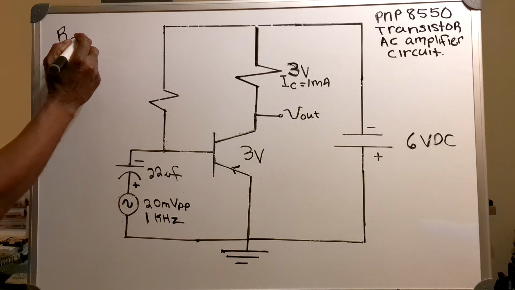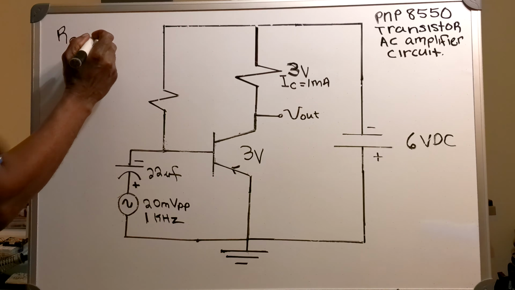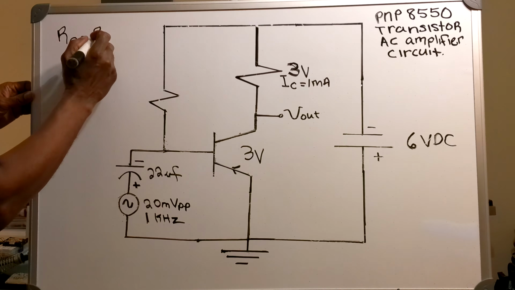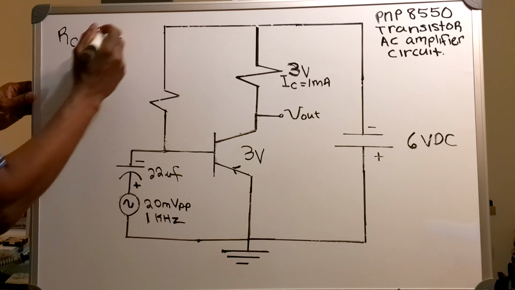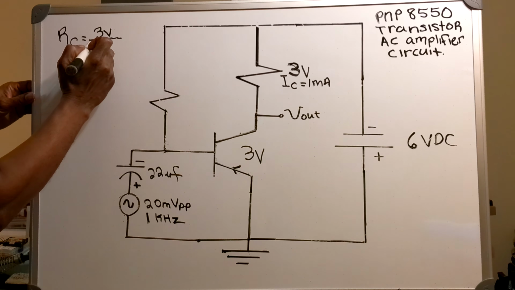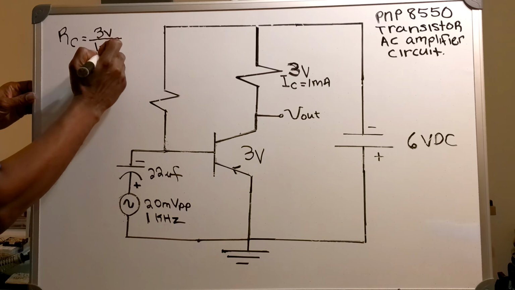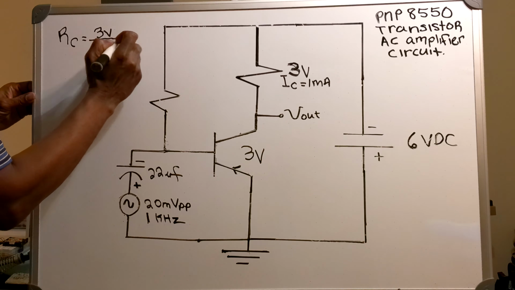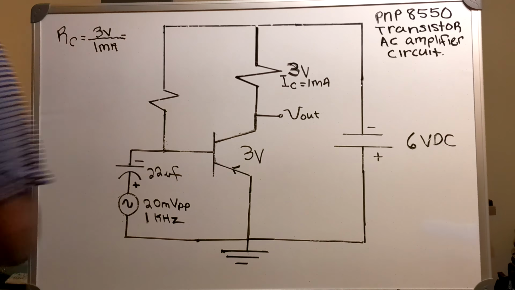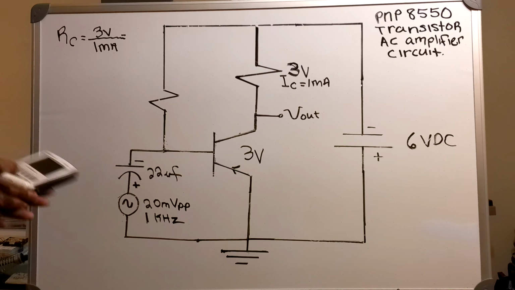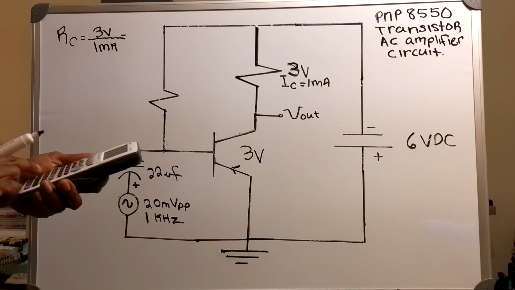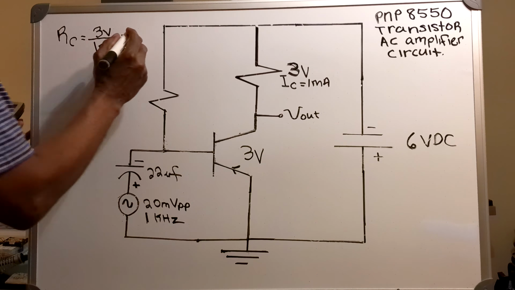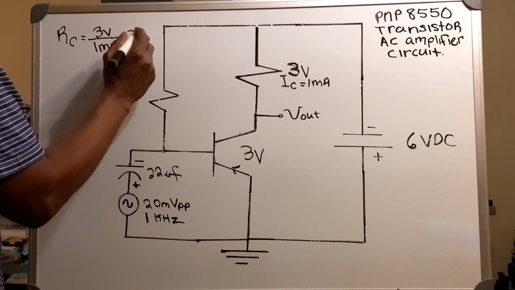So the value of my collector resistor equals 3 volts divided by 1 milliamp. That gives me a value of 3 k ohms.